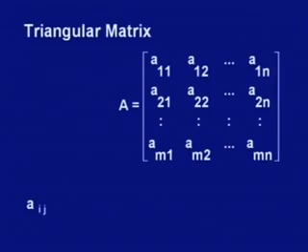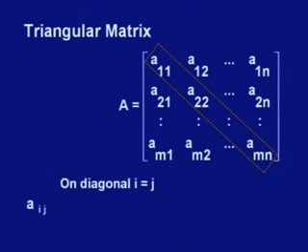Now for triangular matrices, I consider a square matrix A of size n by n. In this square matrix, one may observe that the elements which appear in the diagonal all have row index equal to column index, like the elements which I have shown in this box.